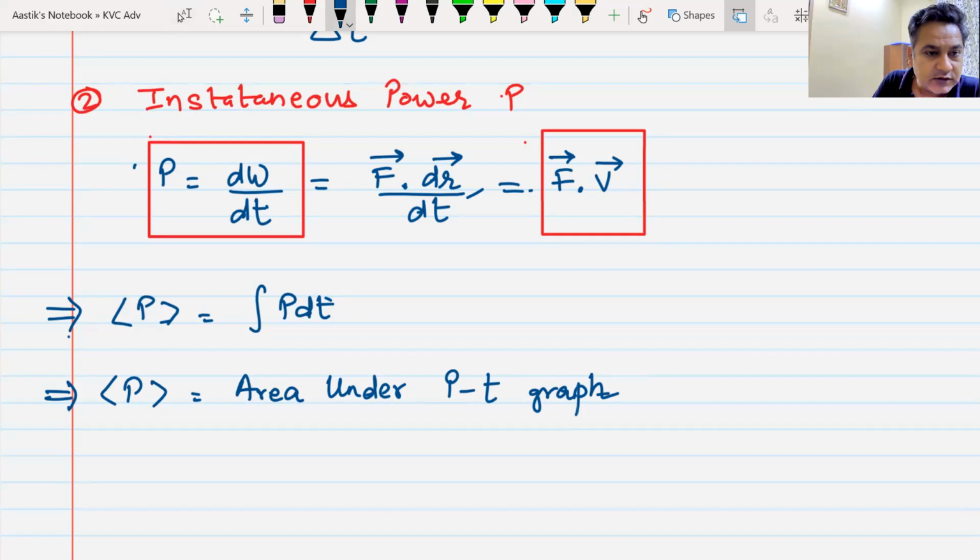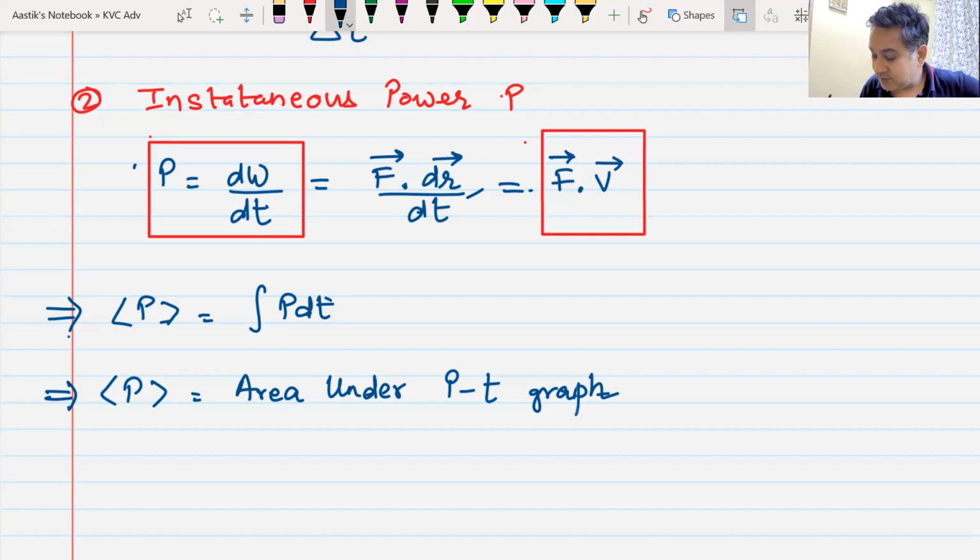I hope we are all writing what is there. Yes or no? Yes, sir. Then we have the next point, and it is pretty simple.